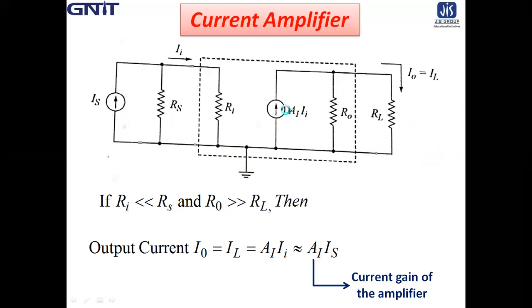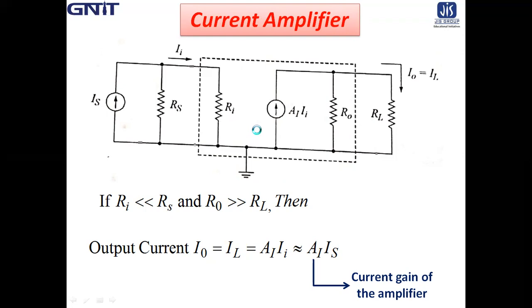The current amplifier is also a two-port network. It consists of Norton's network, both in the input and the output stage. The equivalent circuit of a current amplifier is shown here.